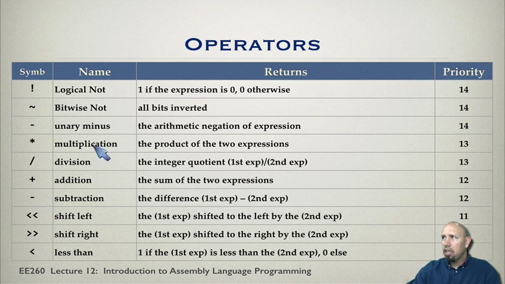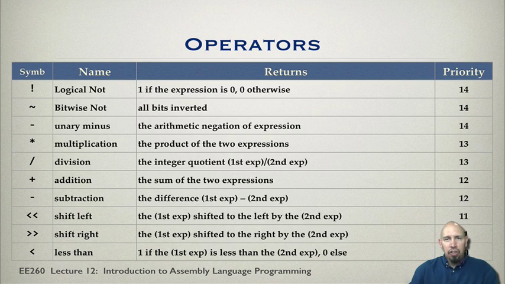Now these operations have priority. By that, the operation with the highest priority is going to be executed first. That's kind of like algebra. In algebra, there is the acronym PEMDAS: powers and exponents, multiplication, division, addition, subtraction.